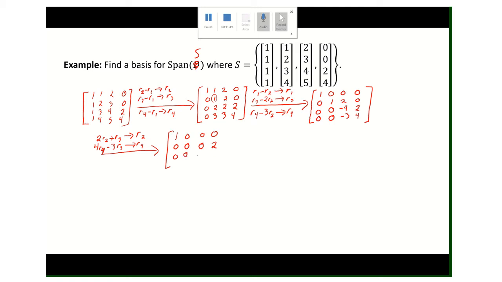My row 3 stays the same. And now I have 4 row 4 minus 3 row 3 gives me that. And then 16 minus 9 is 7. Okay. And now finally, I can do 7 row 2 minus 2 row 4 is the new row 4 to give me this.